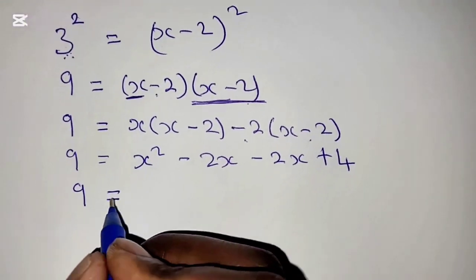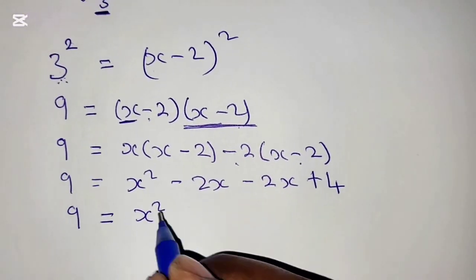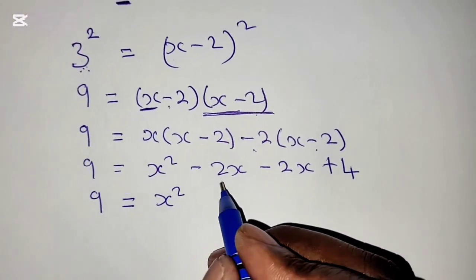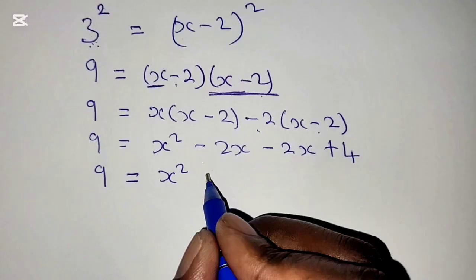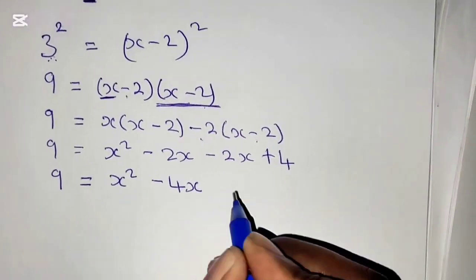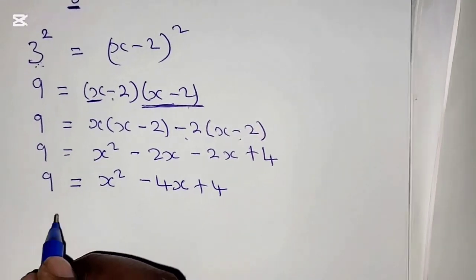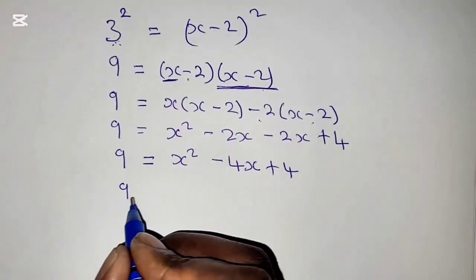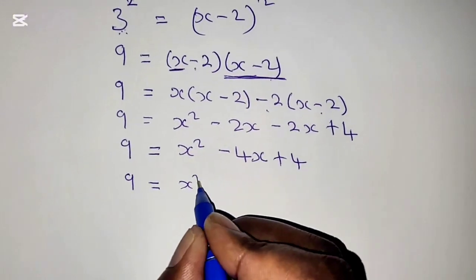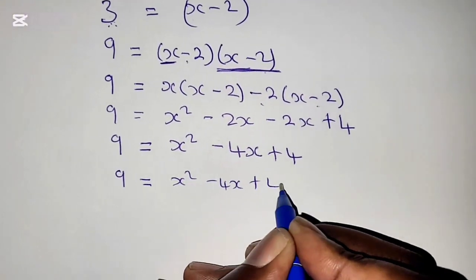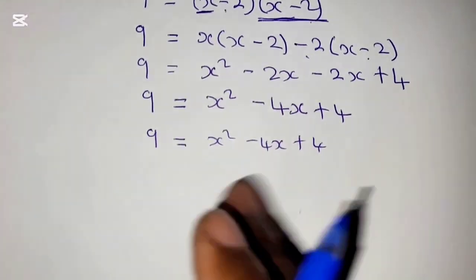So 9 is equal to, let's group our like terms here, x squared. Okay, then minus 2x minus 2x, that's minus 4x plus what? Plus 4. So 9 is equal to x squared minus 4x plus 4. Okay, so let's take 9 to this other side.